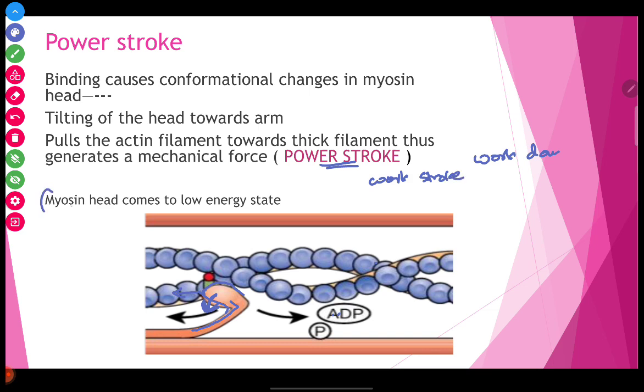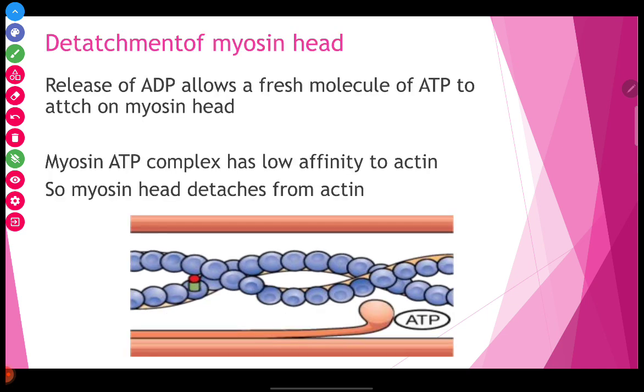And after this tilt, the myosin head becomes a low energy state. Now we can come to the fourth step of the sliding filament theory, that is nothing but detachment of the myosin head. We have already seen that work has been done. Now we have to detach the myosin head. Now we can discuss how this myosin head is detached.